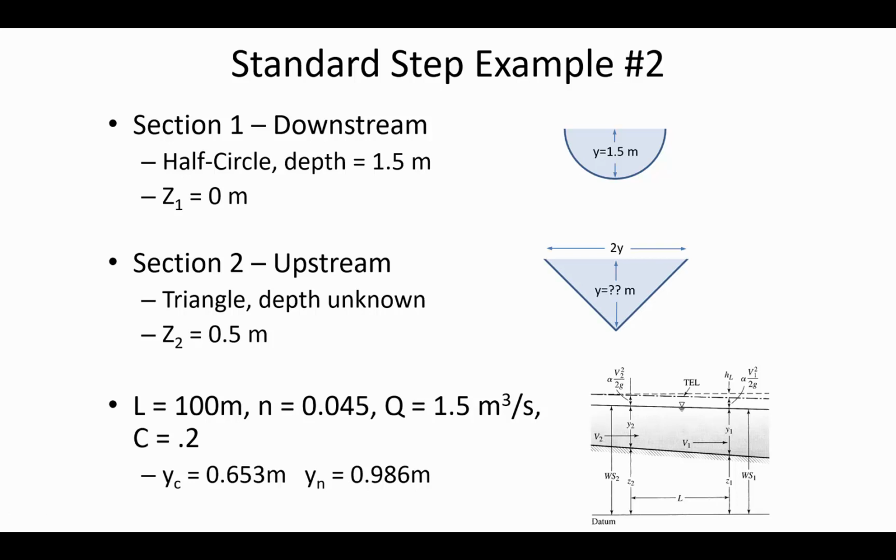All right, so let's go through the process of finding the water depth if we've got this triangular section upstream. Now, just a couple of refreshers. Remember that the area of a triangle is 1/2 base times height, right? So when we do the area, it's going to be y times 2y times 1/2.